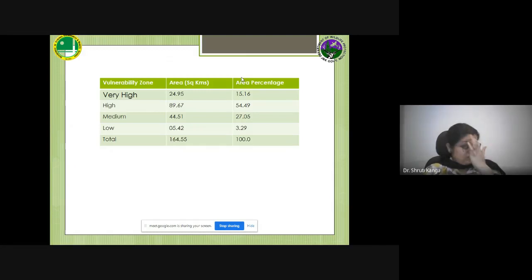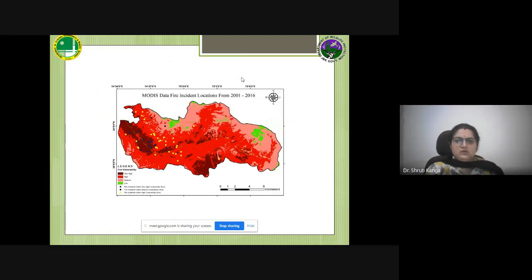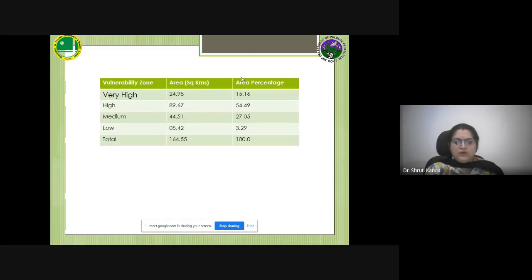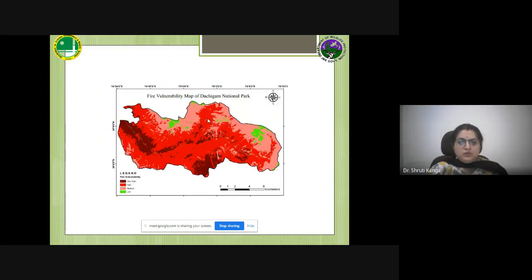So that's why it is very important to take care during fire season. Different kinds of planning can be done in these areas, in these very high risk prone areas, and moderate also.